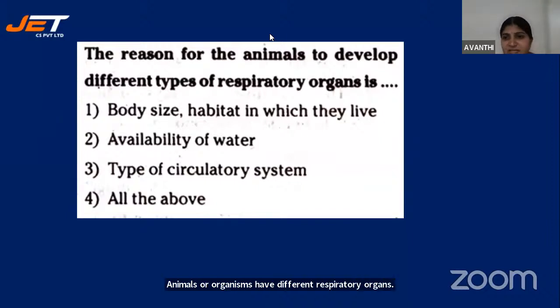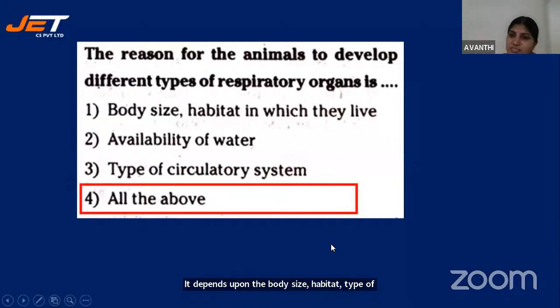Most of you have given the correct answer. Yes, Manohar, Swati, Avinash, it is all the above. It depends upon the body size, the habitat where they are surviving, availability of water, and also the type of respiratory or circulatory system they have.